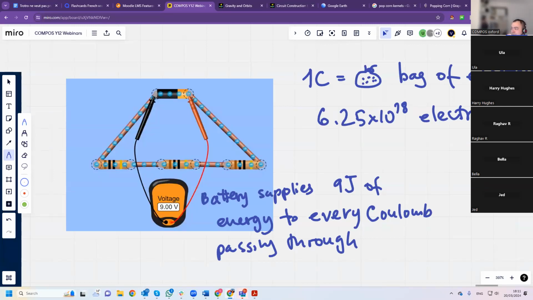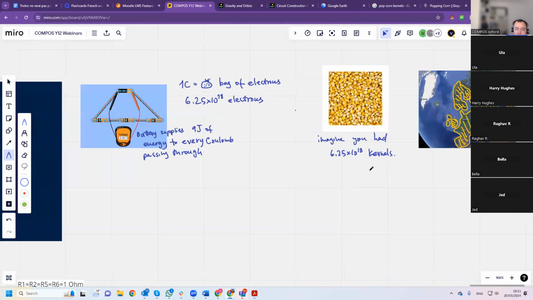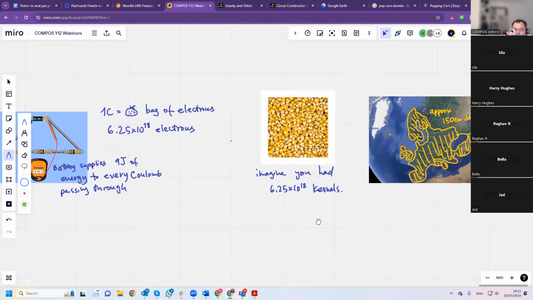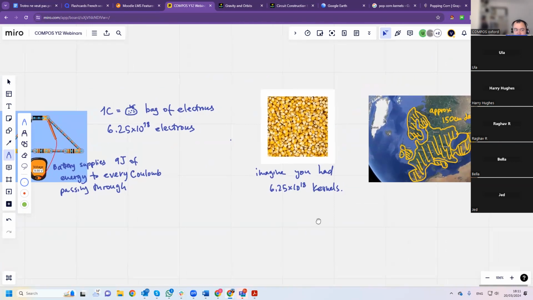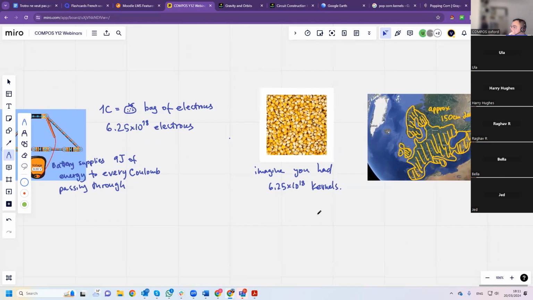You don't need the surface area, you need the volume. I calculated by volume. So you take the volume of a popcorn kernel, multiply it by 6.25 times 10 to the 18, and then you divide by the area, and that gives you the height, the depth of popcorn kernels that you can use.